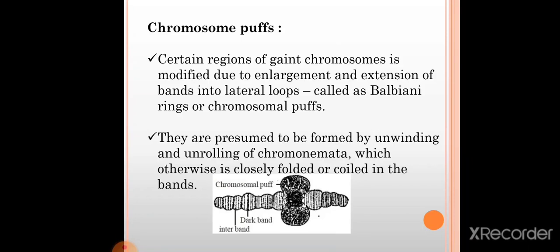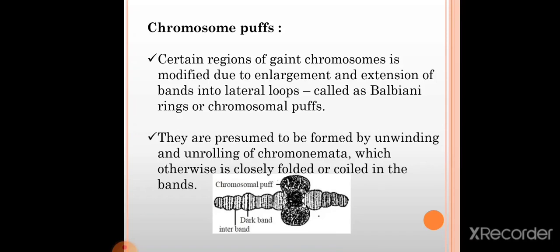Certain regions of the polytene chromosome are modified due to enlargement and extension of bands into lateral loops called Balbiani rings or the chromosomal puffs.